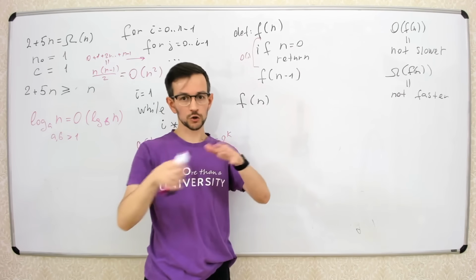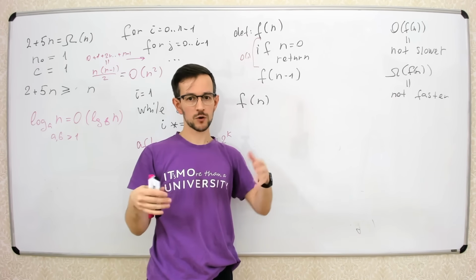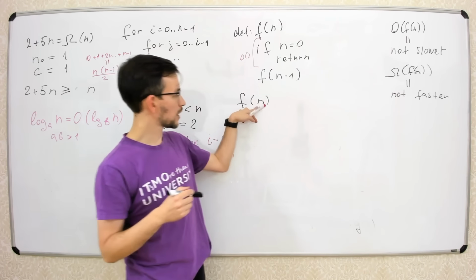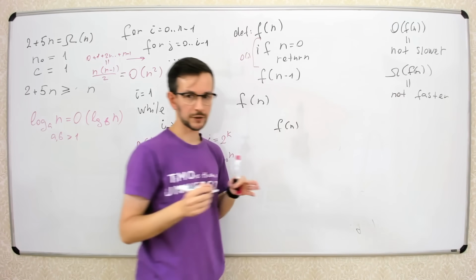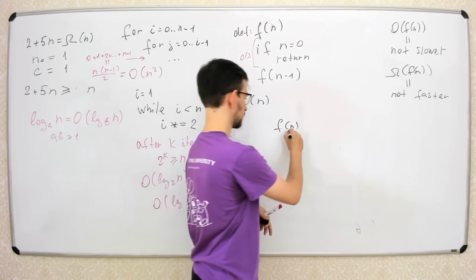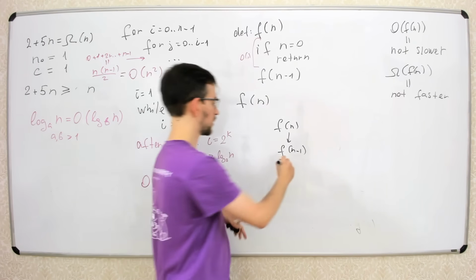So to calculate the total complexity and the total number of operations, we need to calculate the number of times we call this function. So when we call f of n, it will call f of n minus 1. It will call f of n minus 2.